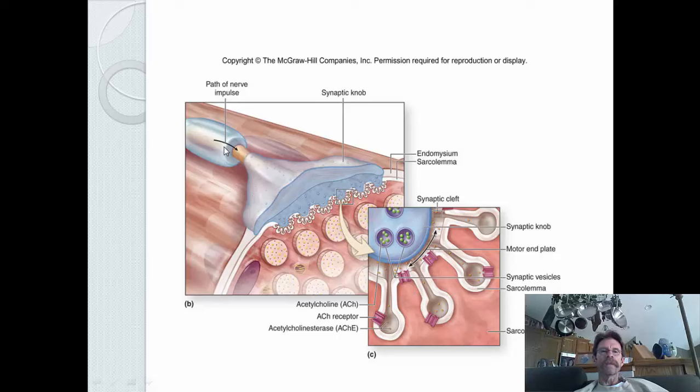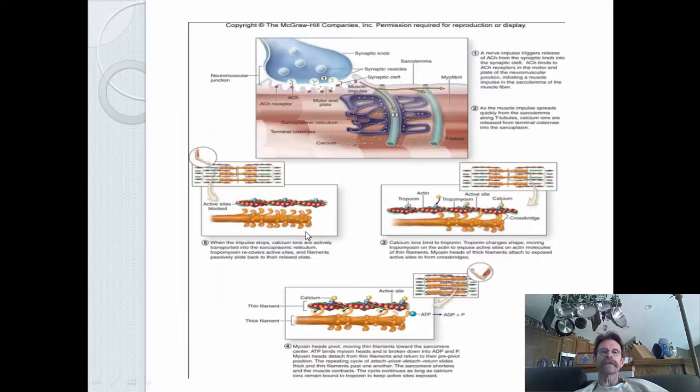A nerve electrical impulse comes down, hits the endomysium and the sarcolemma, and that causes ACH to be released into the sarcoplasm. So the acetylcholine is an important starter for this muscle contraction.